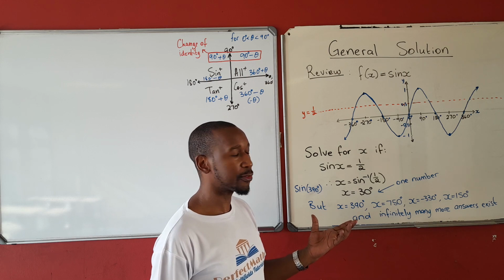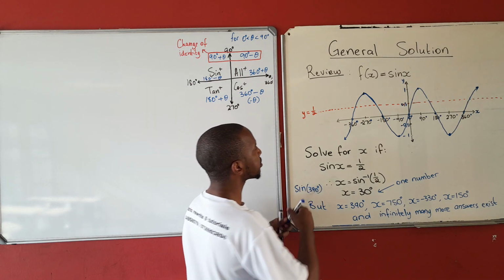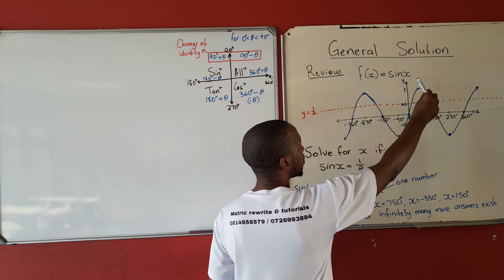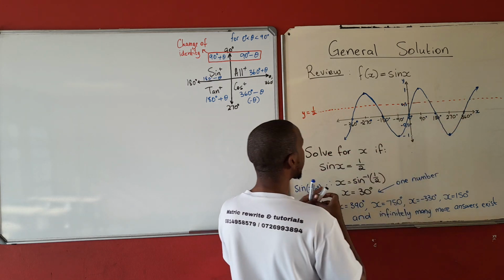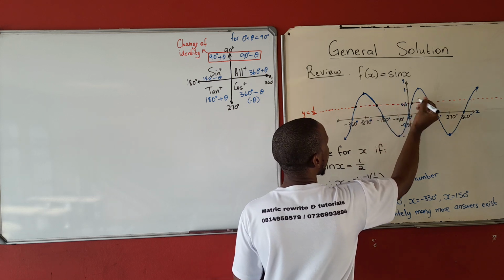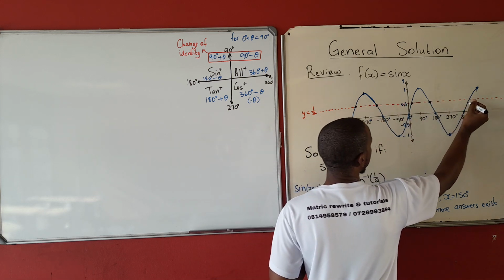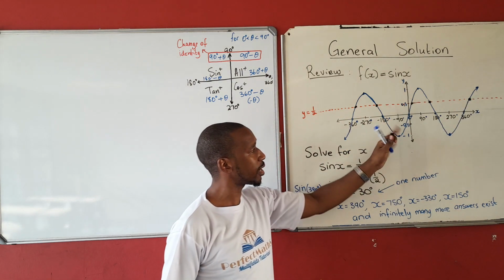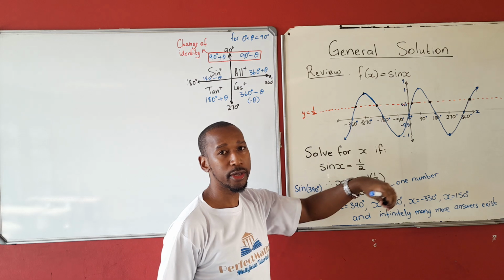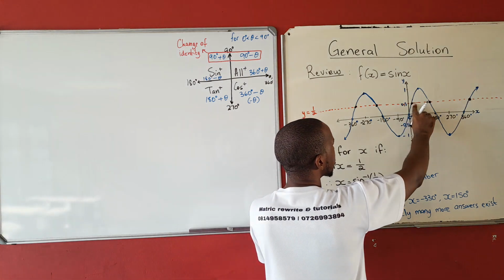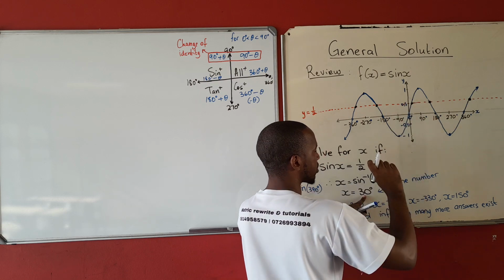So where is this coming from? We are trying to find out, as the graph is going up and down, up and down, at which points it is touching the y value of a half, or 0.5. We can already see that on this graph that I've sketched, there are 5 points given. This answer that we got corresponds to this answer here, which is 30 degrees.